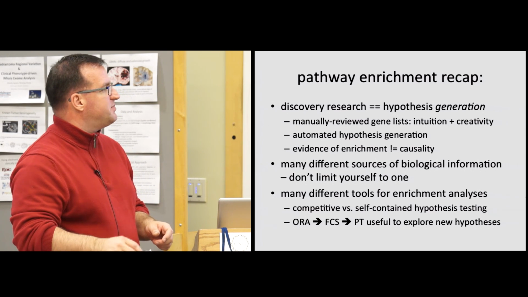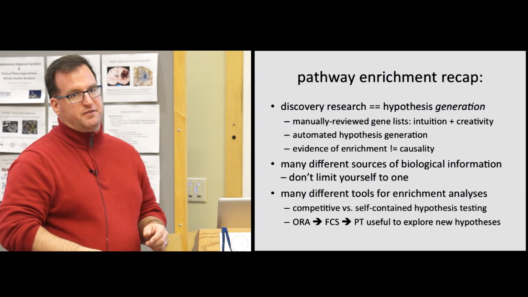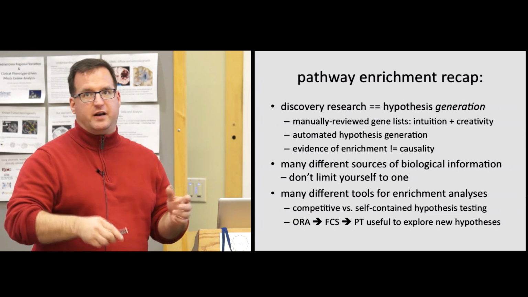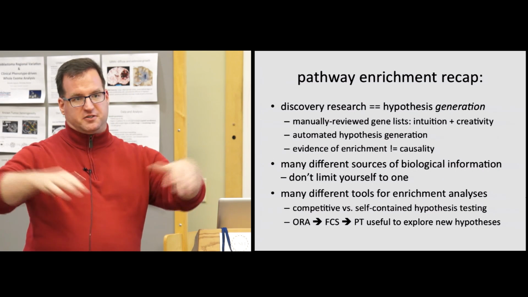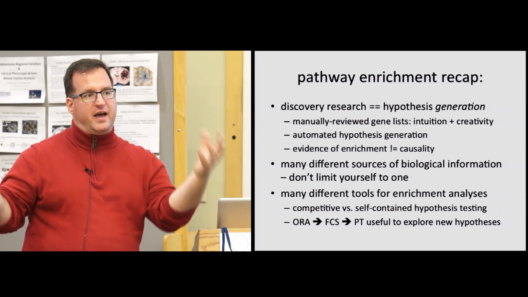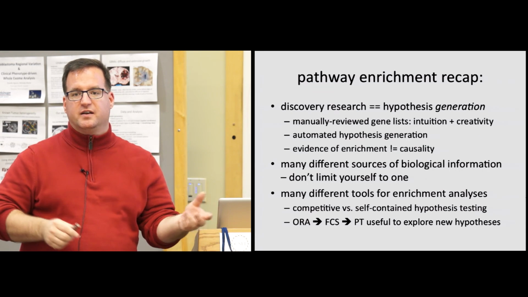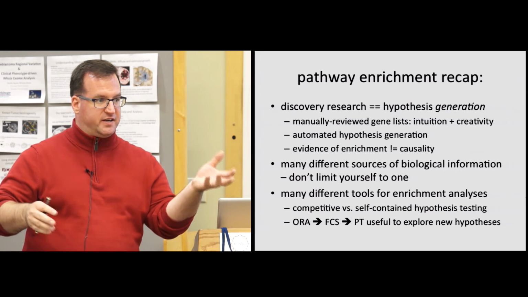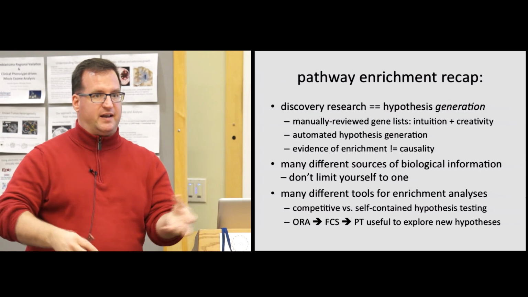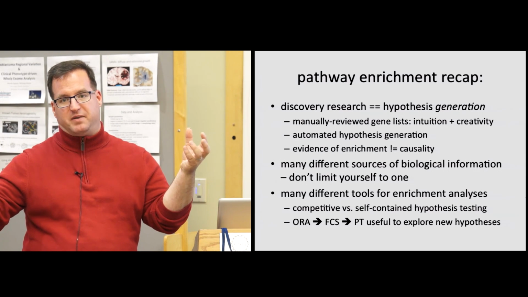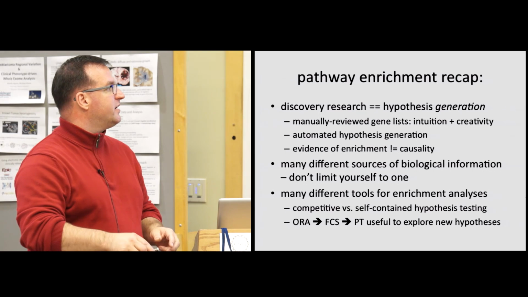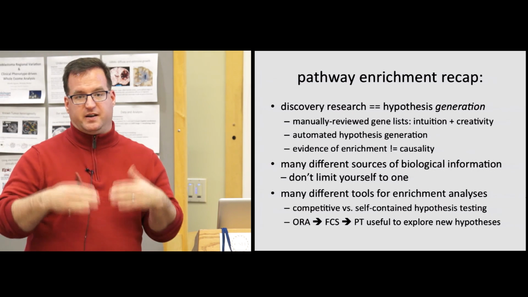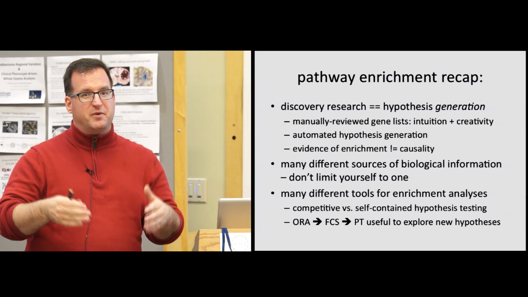Okay? Always be aware of this issue of competitive versus self-contained testing and this kind of trade-off: in a competitive test, if there's lots of things going on, then you may have reduced power to find things because you're essentially competing. Any one given set is competing against all the other stuff that's happening in the other sets. Conversely, in a self-contained hypothesis, you're going to get a lot more power, but you may get too much power.